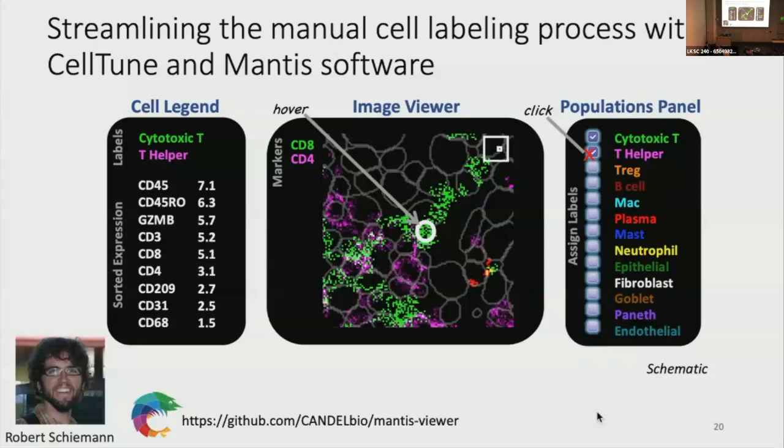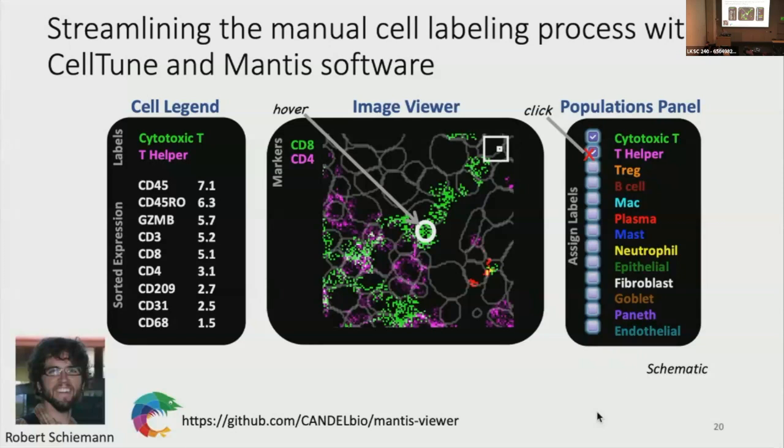And so now when you hover over a cell, you have a cell legend, which will show you a sorted list of the expression of the markers in that cell. And when you're doing this with CellTune, you have also inputted in the legend the two different types of predictions.